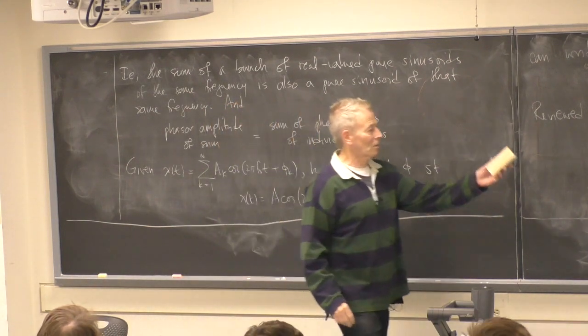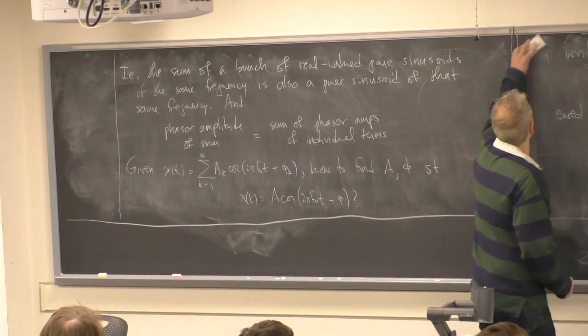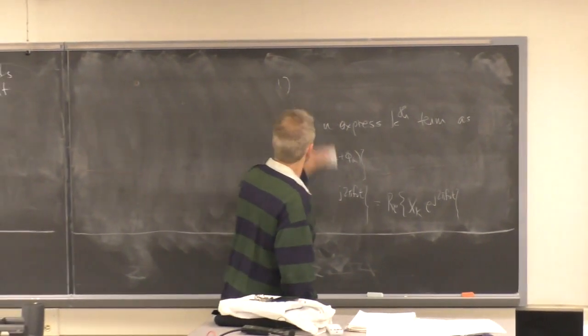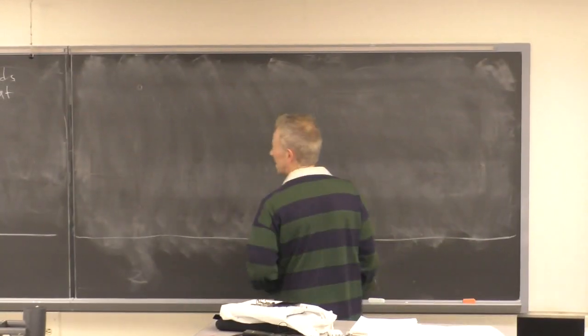Well, the answer is right on the board. You just find the A and the phi by first finding the Phasor amplitudes of each term, adding them together.